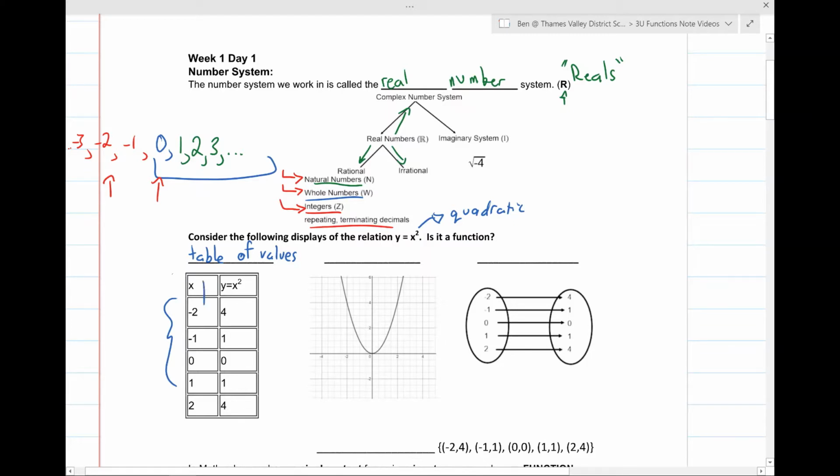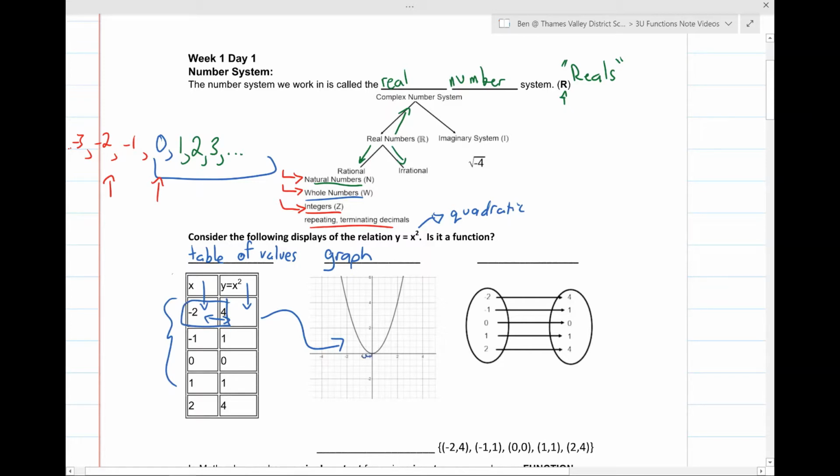That's where we'll list off, say, all of the x values in one column, and all of the y values in another column. And we'll note that the values go together if they're in one row. So if we were to put this on a graph, and this is a graphical representation, this first point would be the point -2, 4.